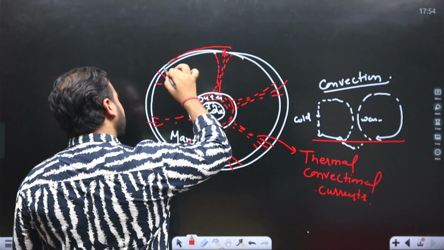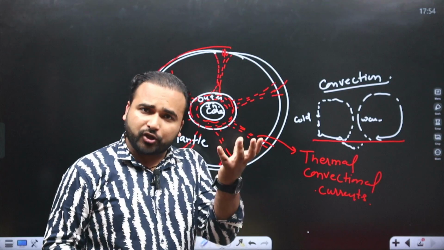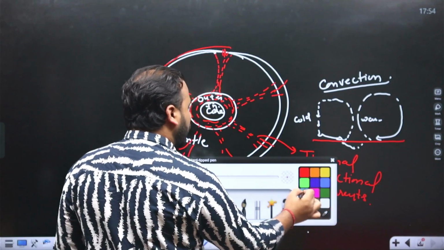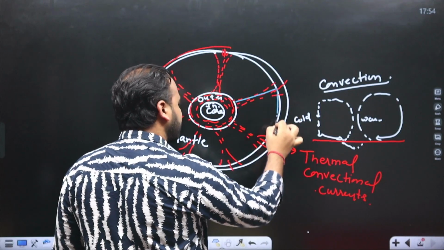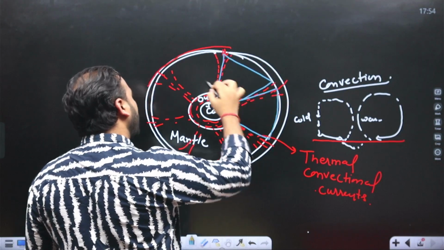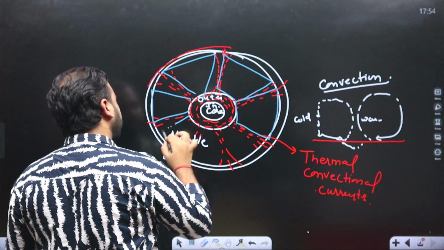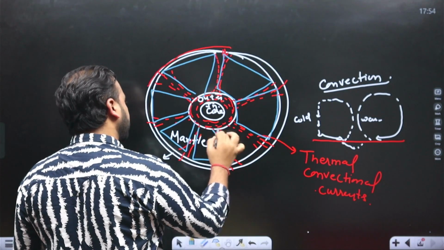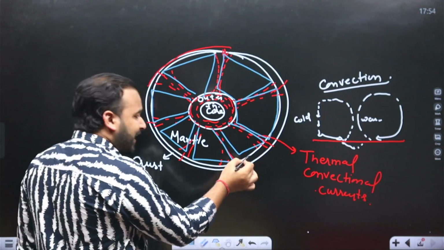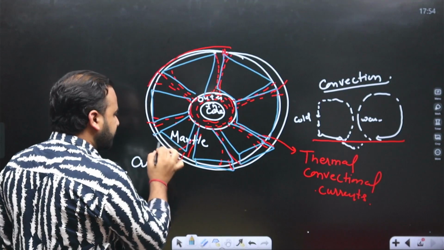These cracks can be seen in the lithosphere, and these parts of the lithosphere are known as plates. So these portions can be seen in the form of plates.